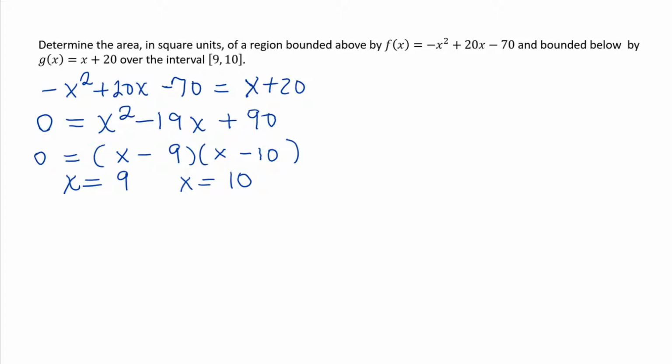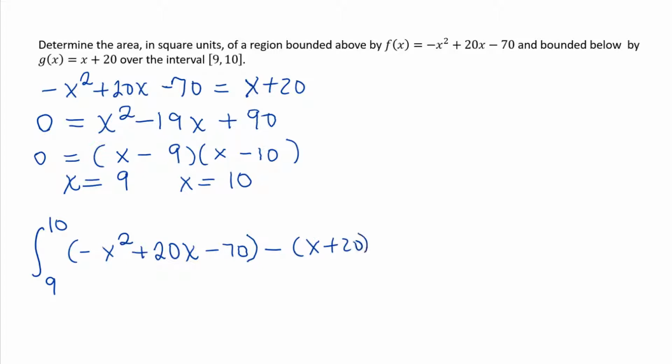Now let's set up the integral. We will integrate from 9 to 10 of the top graph as stated in the problem, which would be minus x squared plus 20x minus 70, and we subtract the graph that's on the bottom, or bounded below, which would be x plus 20, dx.